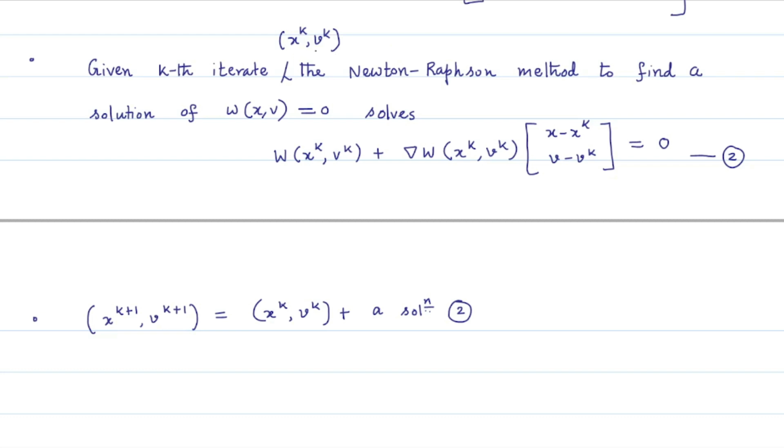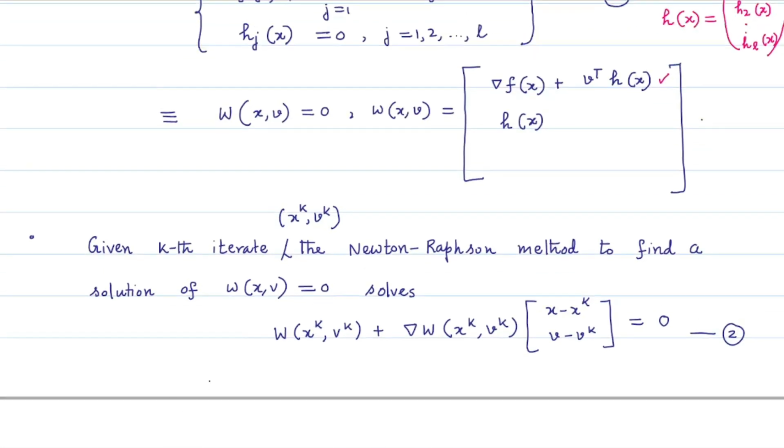Now to find this sequence, let us go for finding out an explicit form of this equation in terms of the given functions f and the constant functions aj. Now here we notice that this W(xk, vk) by the definition will be just this vector where we will plug the value of x equal to xk and v as your vk.